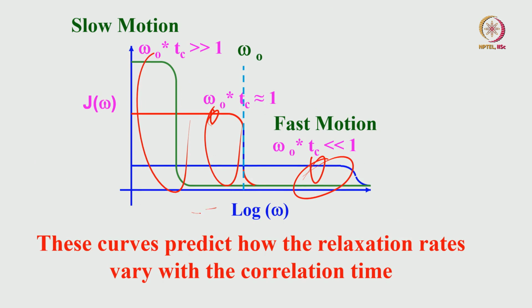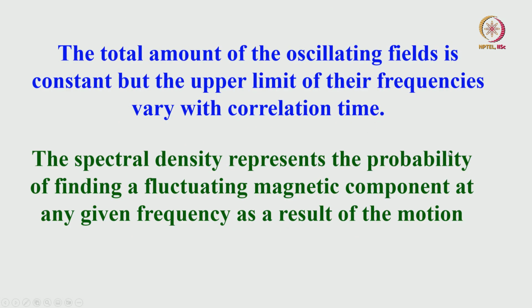As omega t is changing, the spectral density is here for a different frequency, and it will tell you how the magnetic component is there. How do you find the probability of finding a fluctuating magnetic field at any given frequency because of molecular motion? Because tau c is embedded in that equation.